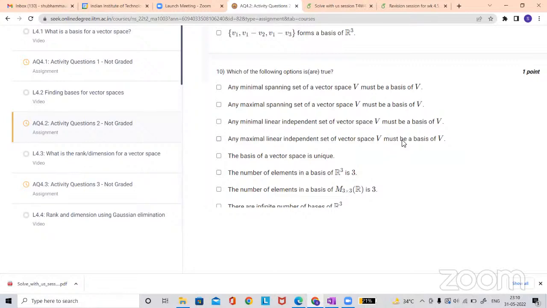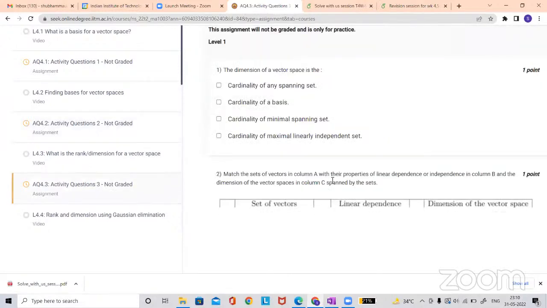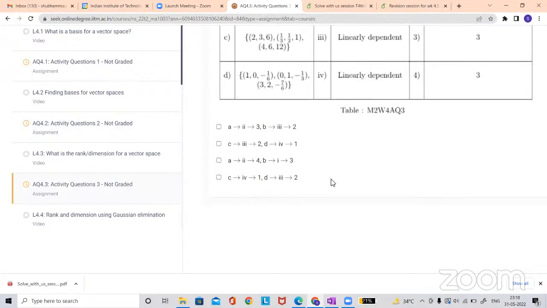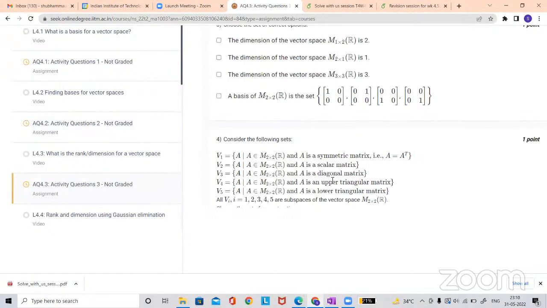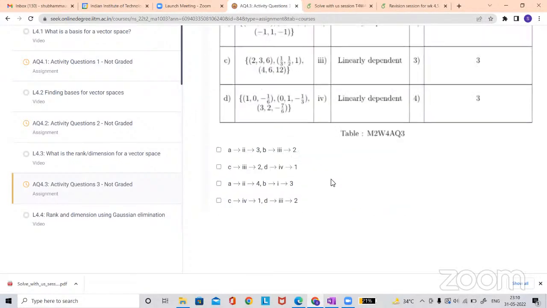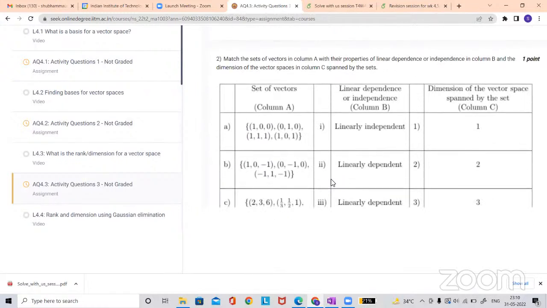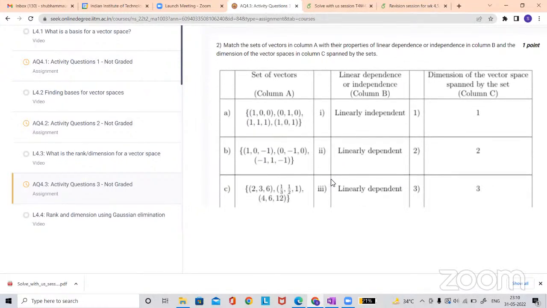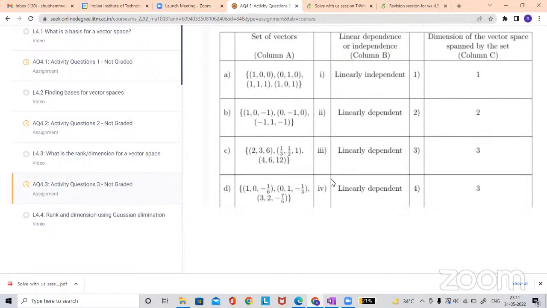Move on for 4.3. How many do you have? See, you have to watch the video then. Okay, sir. Question number 2, option number 4. That type of question I saw in the practice assignment. In this question, I cannot get the answer.